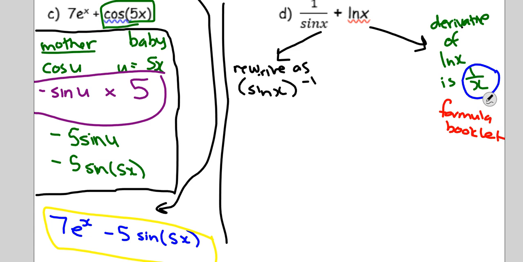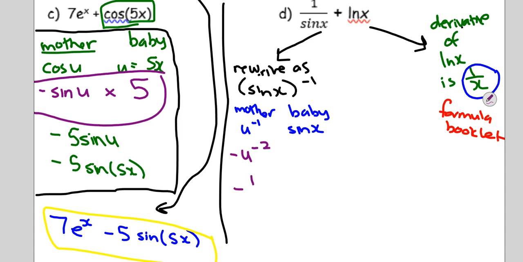So what's the mother? U to the negative 1, good. And what's the baby? Good, sine x. Now what's the derivative of the mother? Negative u to the negative 2. Good. And what's another nice way of writing that? 1 over u squared.